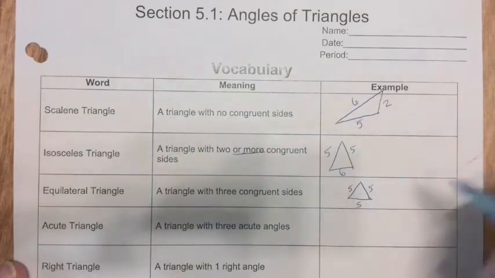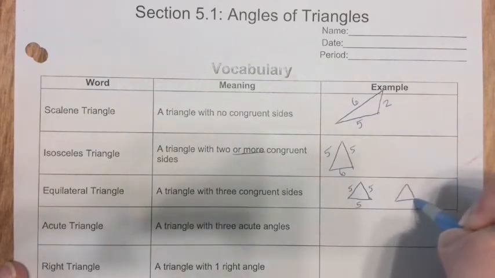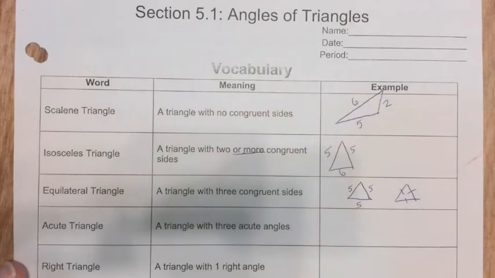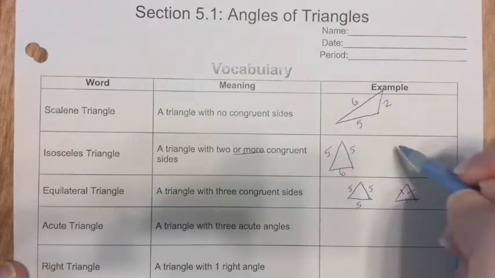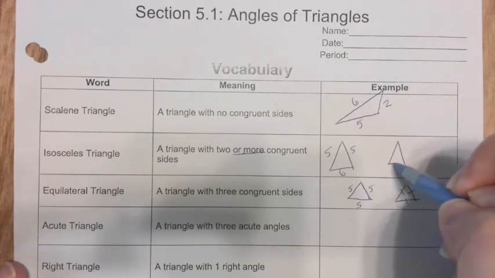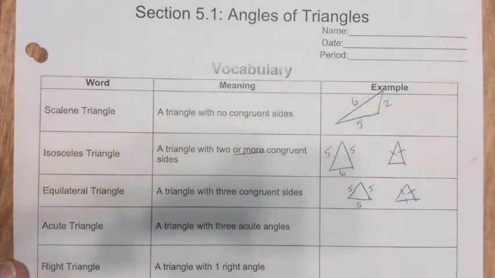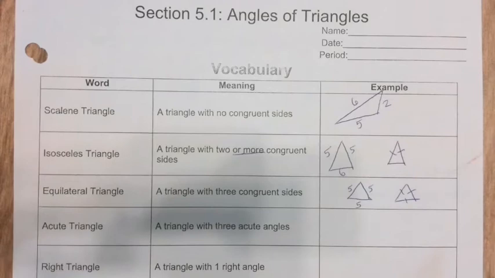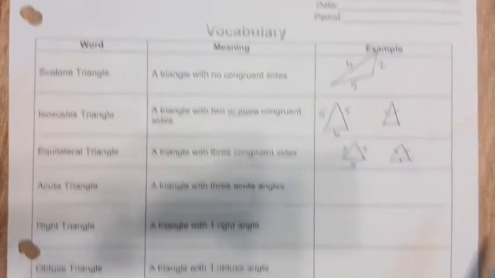Now although I chose numbers here, a faster way to do it is congruent marks on all three here. For the isosceles, two congruent marks, or congruent marks on two of the sides, but the third side would not typically have one.